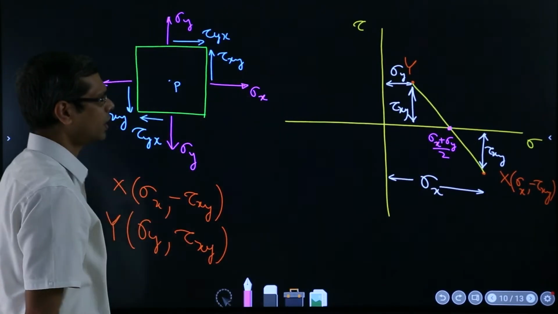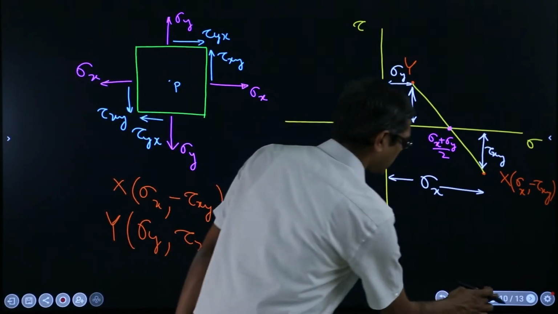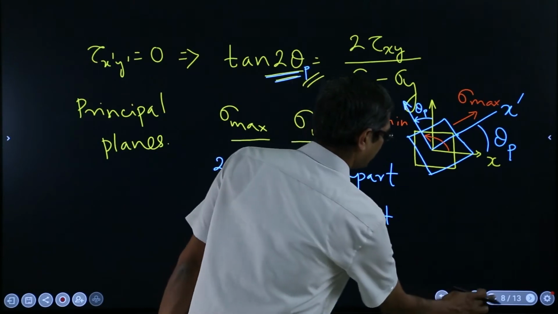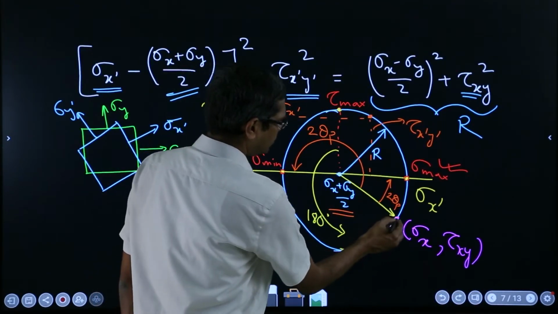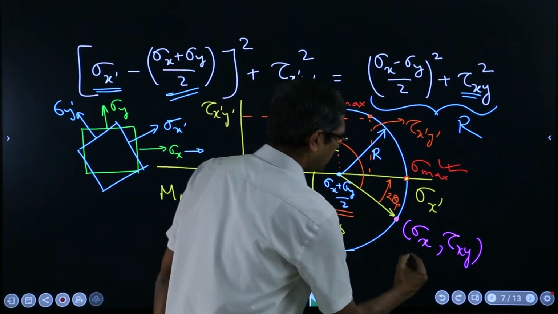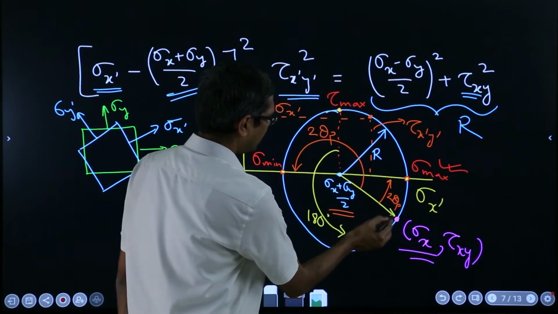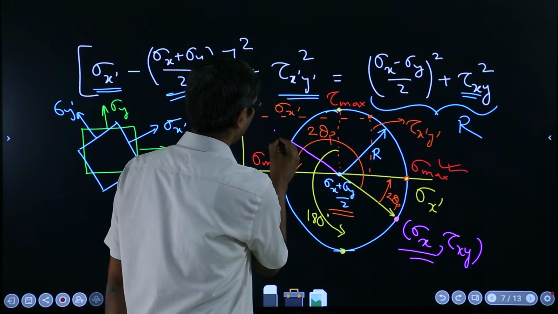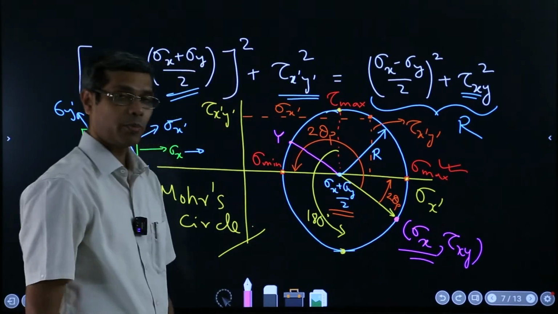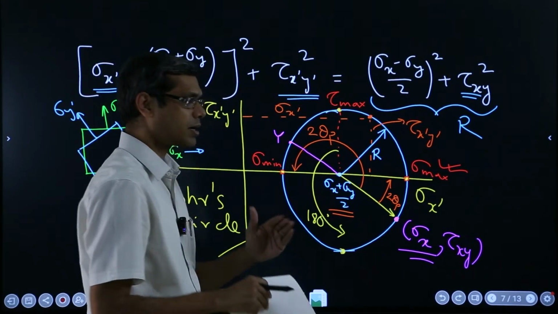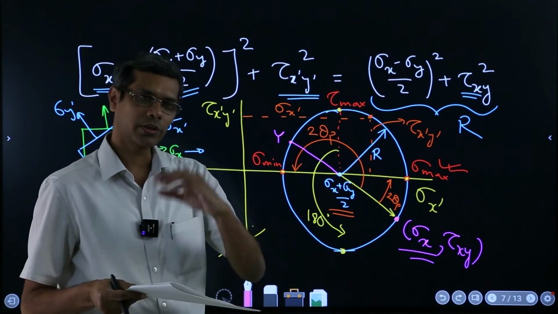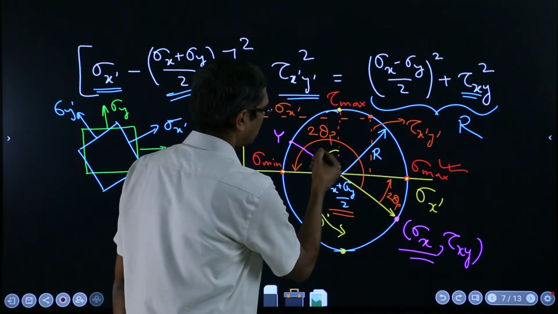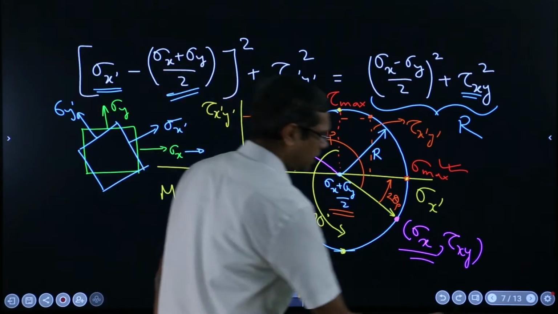You see here, this point is the point x and the diametrically opposite point is the point y, because they are 90 degrees apart in the actual physical condition, so they are 180 degrees apart on the circle.